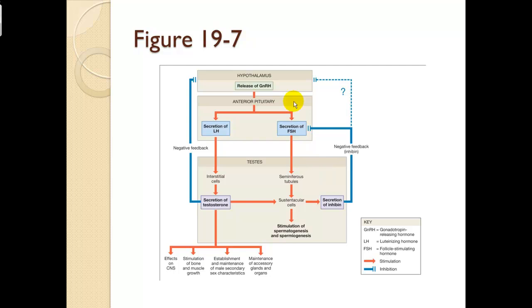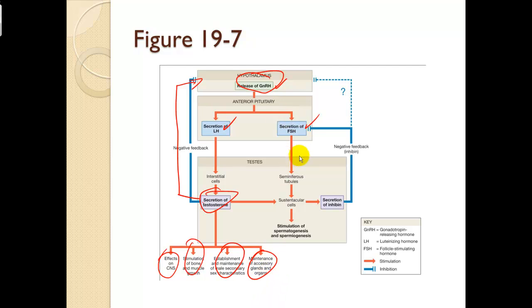Quick rundown of this. So hypothalamus releases gonadotropic releasing hormone, anterior pituitary, and we get two hormones off of this. Luteinizing hormone allows for the secretion of testosterone. Negative feedback system on this will stop the release of gonadotropic releasing hormone. The testosterone has effects on the CNS, stimulation of bone growth, establish and maintain secondary sex characteristics, and maintain accessory glands and organs.